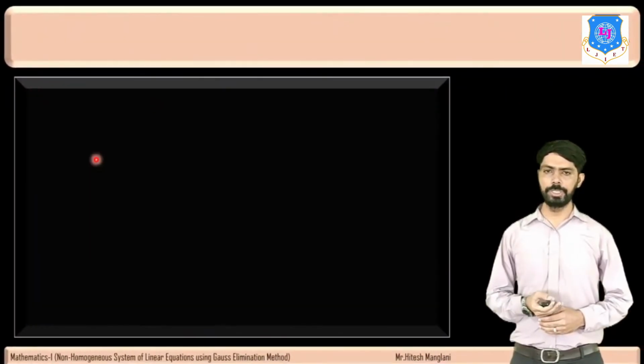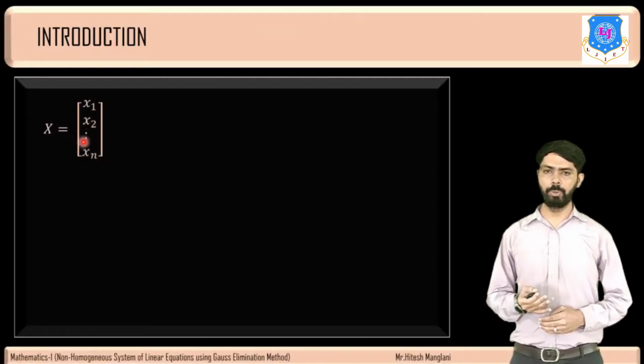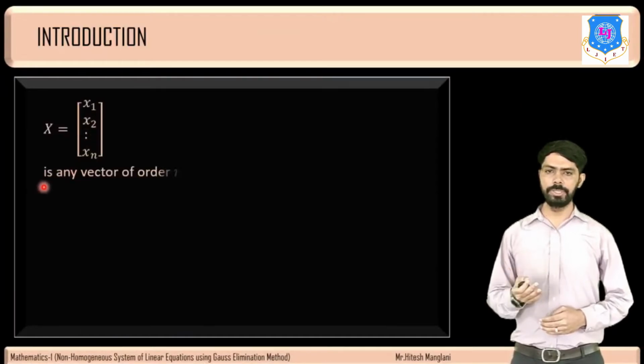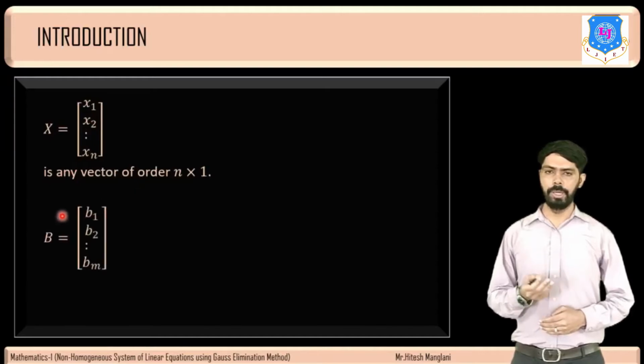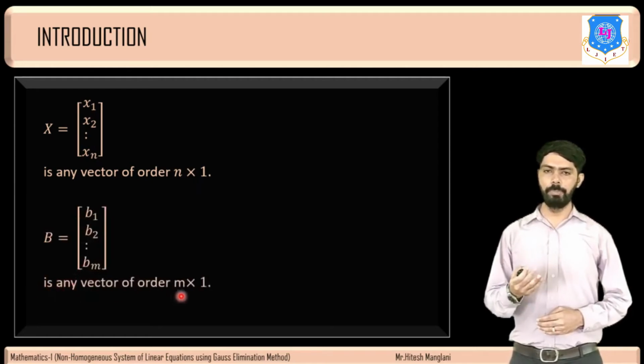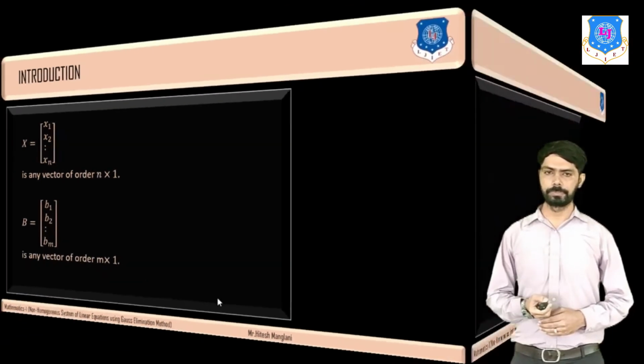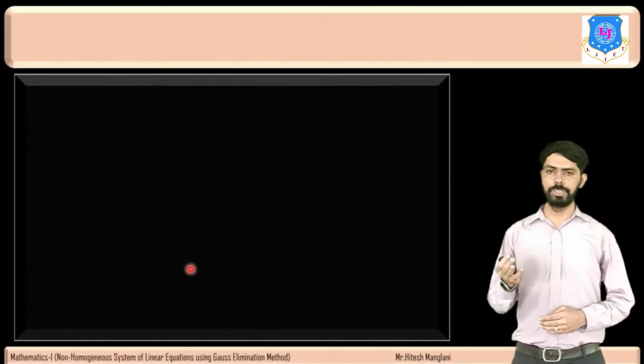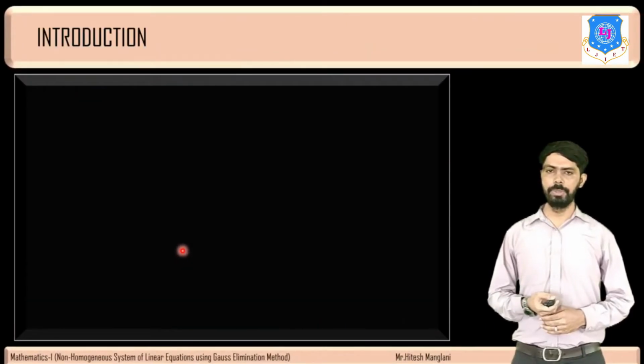And where capital X is equal to x1, x2 up to xn, and this is a vector of order n cross 1. And where B is equal to b1, b2 up to bm, a vector of order m cross 1. So this is a non-homogeneous system.